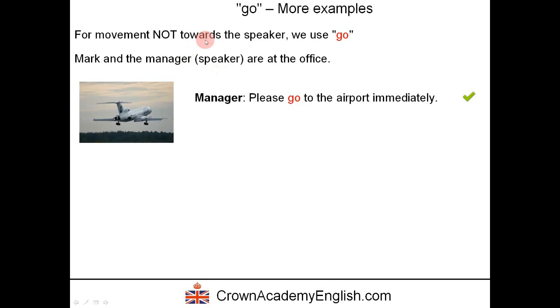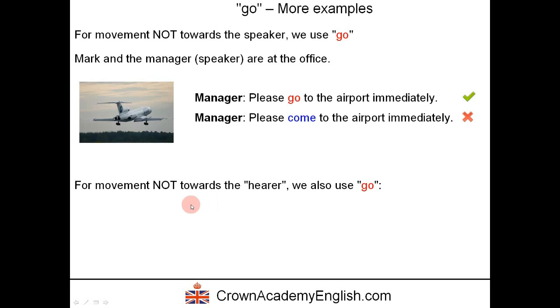Okay, so the movement is not towards the speaker. The movement is towards the airport. The speaker, the manager, is at the office, but the airport is somewhere else. It's over here. So we use go. Please come to the airport immediately is wrong.